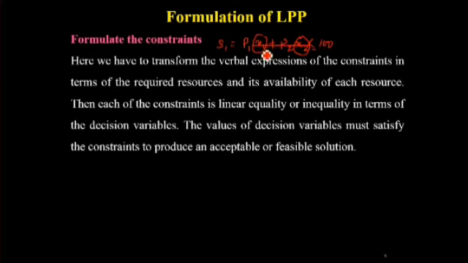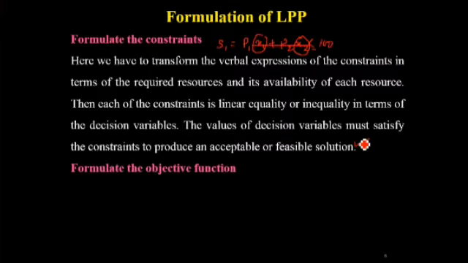You cannot write something which will be beyond this 100. Then it will not satisfy the constraint and you will not get the feasible solution. Feasible solution means possible solution, from a layman's point of view. Just now you need to remember. In the next class, when we solve those problems, I will discuss what is a feasible solution and what is an infeasible solution.